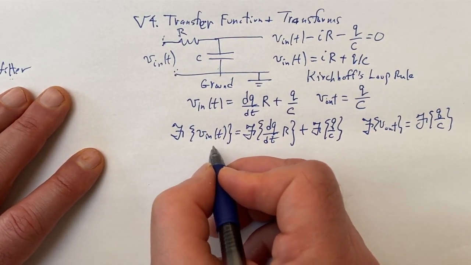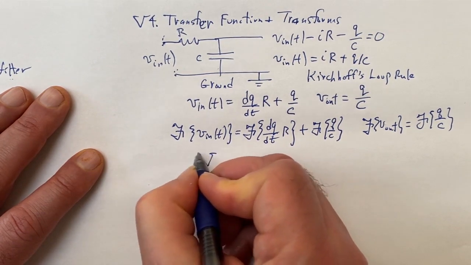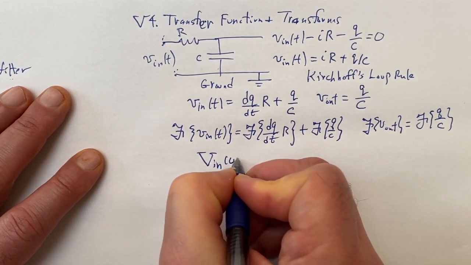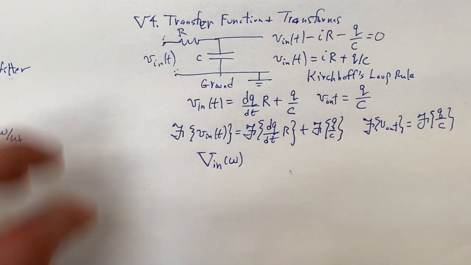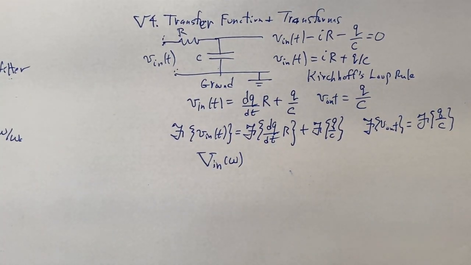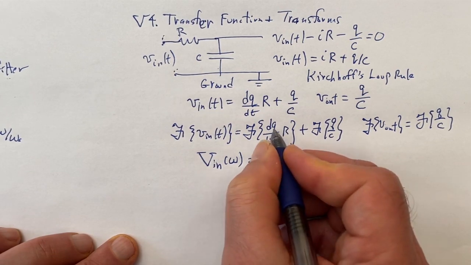Okay, now the Fourier transform of V_in we'll call capital V_in, some function of omega, because when you take the Fourier transform, you're integrating with e to the minus i omega t. There'll be some function of omega. And this is going to be equal to, now you take the derivative.